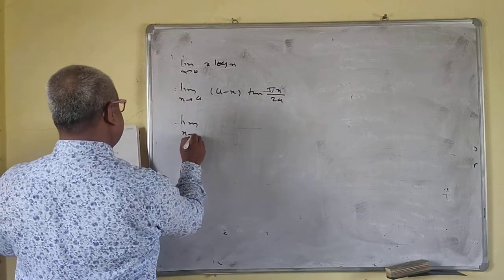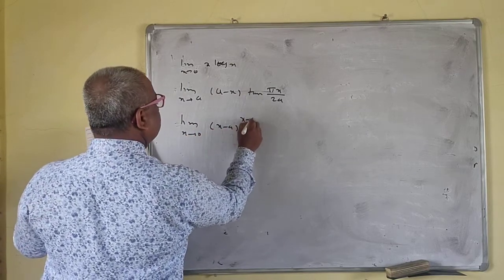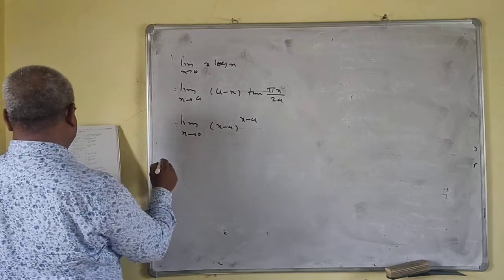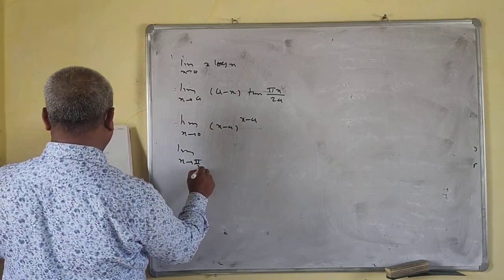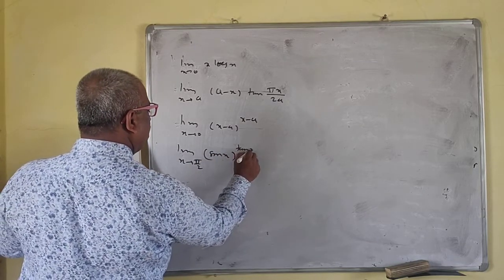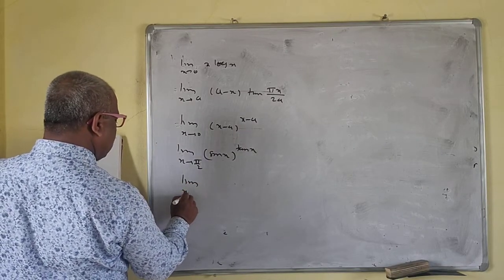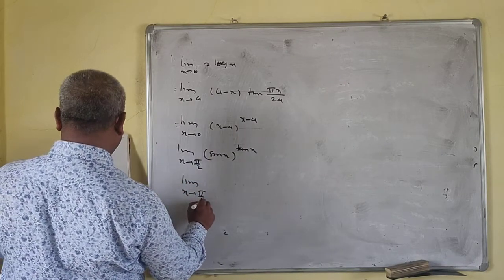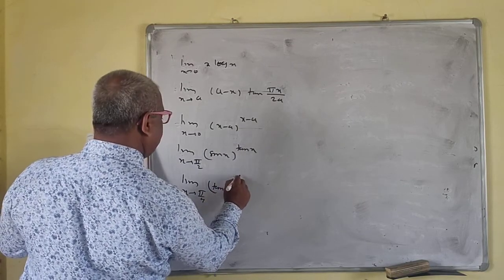Limit x tends to 0, x minus a to the power x minus a. Then limit x tends to pi by 2, sin x to the power tan x. Limit x tends to pi by 4, tan x to the power tan 2x.